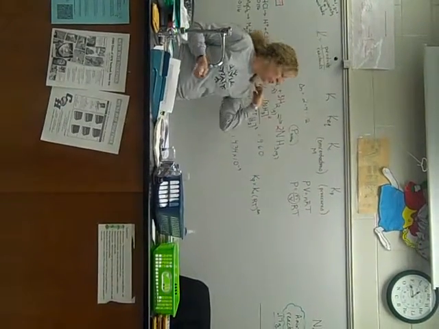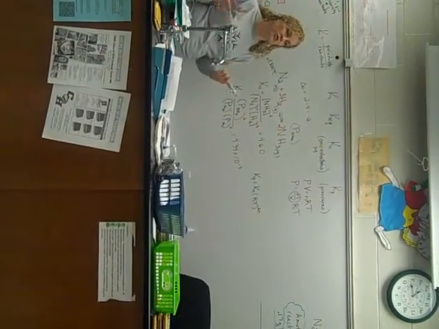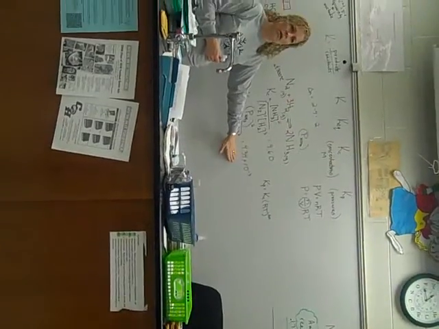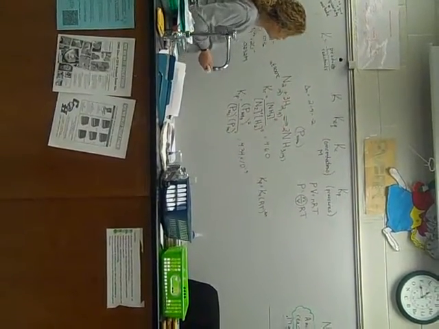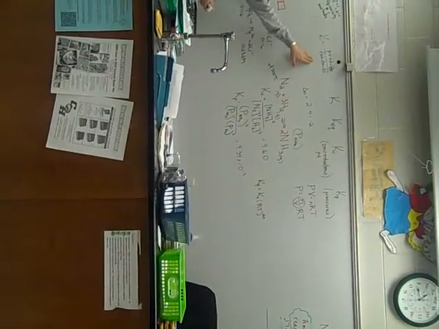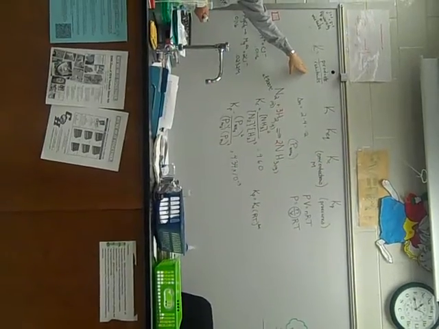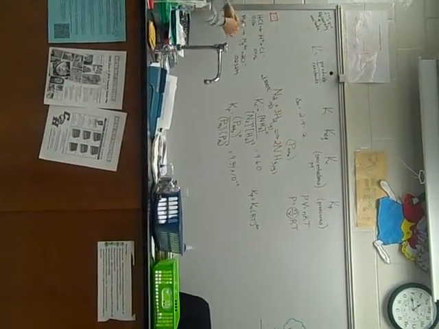Okay, but what I'd like to do is talk about, just in general, the concept of K. When you see Ks that are small, do those favor reactants or products if the K is small? Why do you say reactants? You're right.